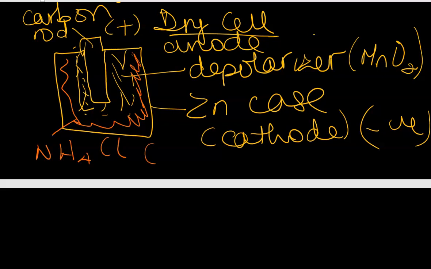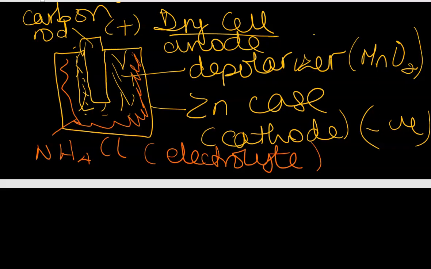So many times you will be asked to draw this diagram, and you will be asked to talk about the functionality of the cell. Remember how it works: your zinc casing is your cathode and your carbon rod is your anode.